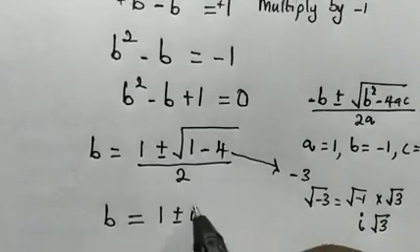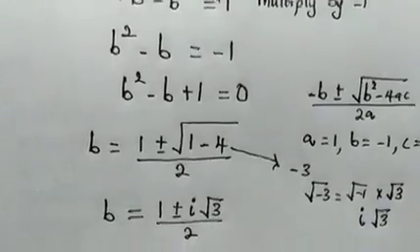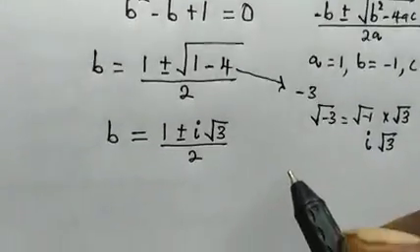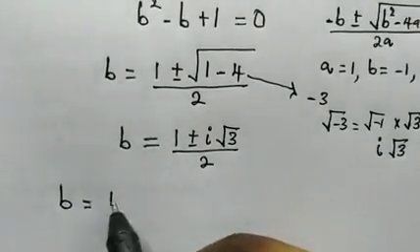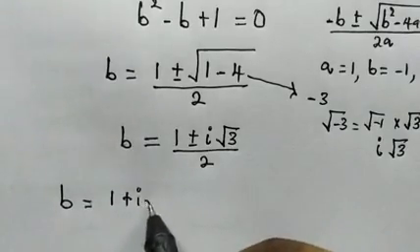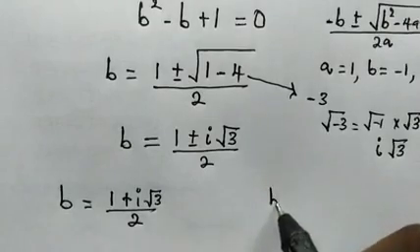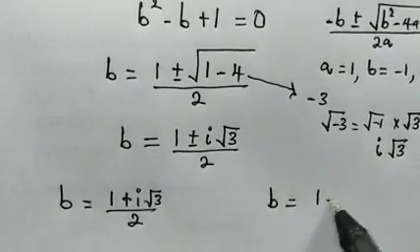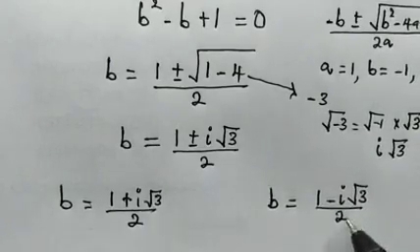So this becomes iota times root of 3 divided by 2. From here we get b is equal to 1 plus iota root of 3 divided by 2, and we also have b is equal to 1 minus iota root of 3 divided by 2.